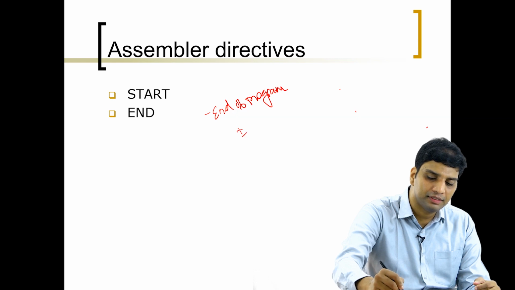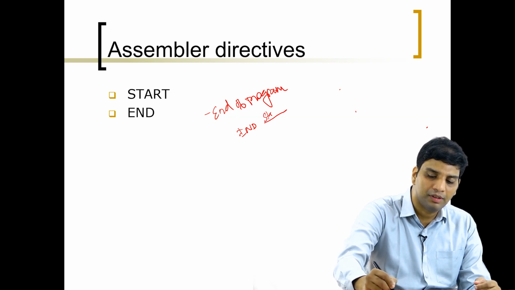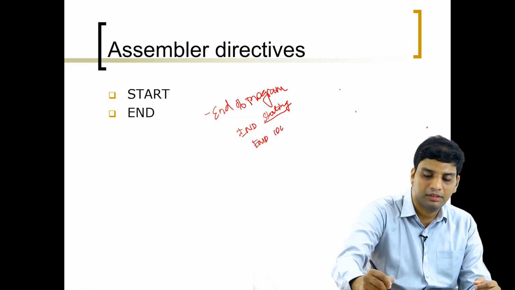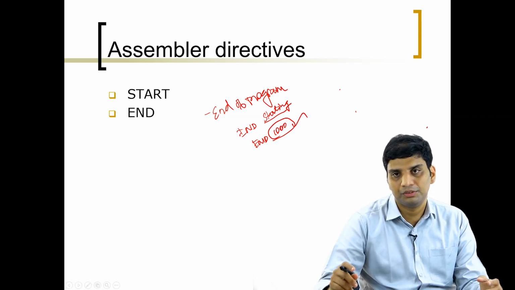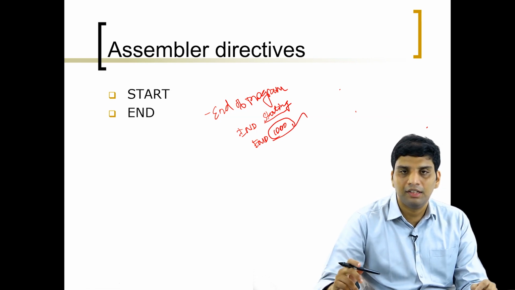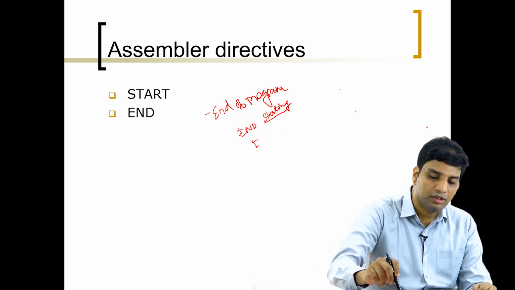You can specify END as it is, or, if you wish, it is optional, you can also give the starting address of the program. Suppose END 1000 means it specifies the starting address of the program. This is purely optional, and END will work on its own.